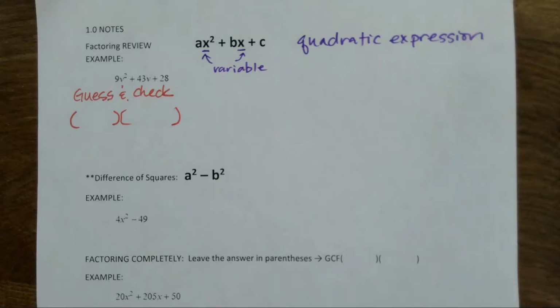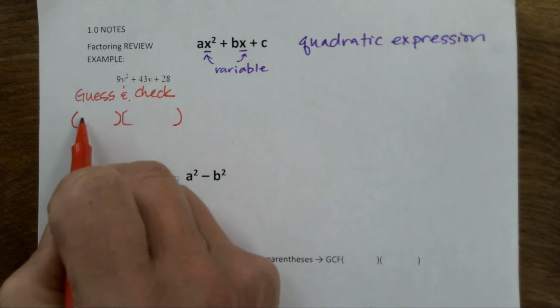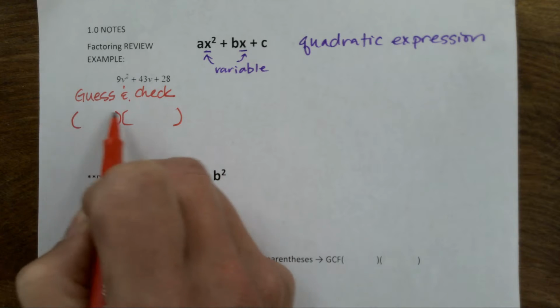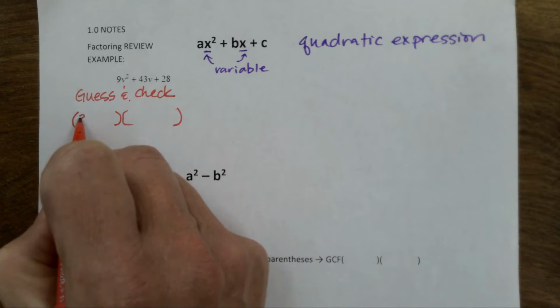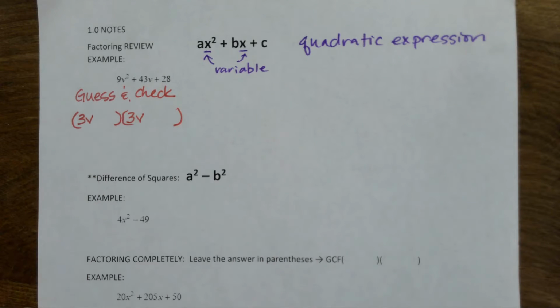And so to do the guess and check method, what I have to do is just try things that are going to help me make my way through to get these values. For example, the first thing that you do when you multiply is you'll multiply the 2 front terms. And so let's say, for instance, I put 3v and 3v down.